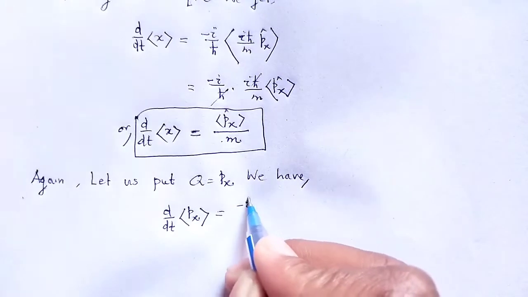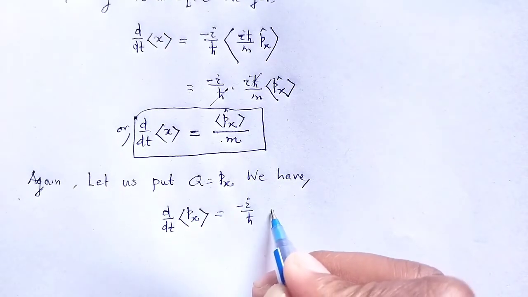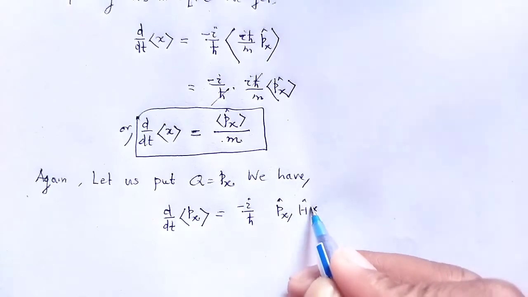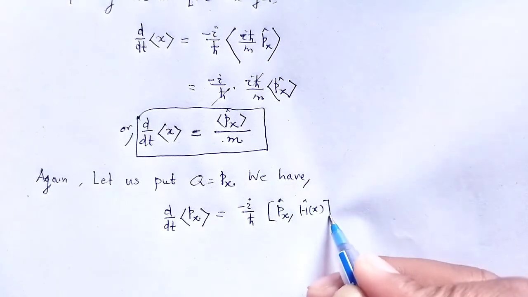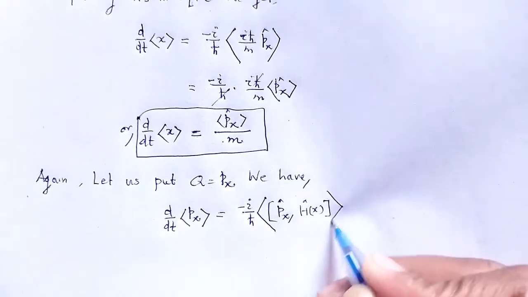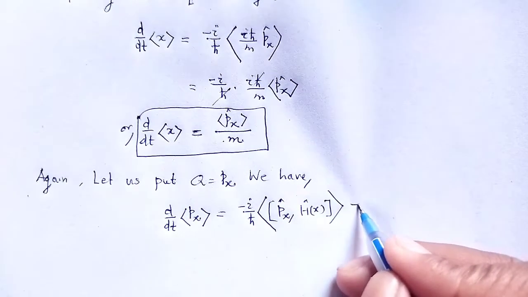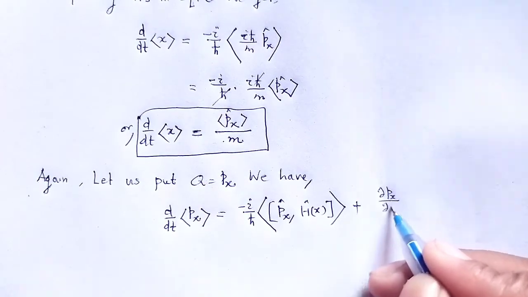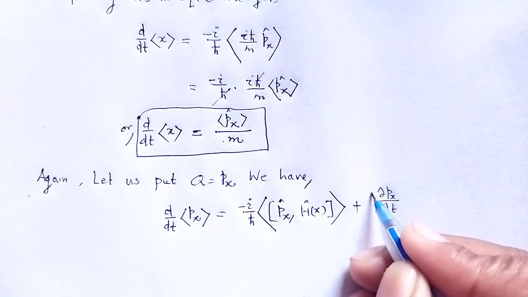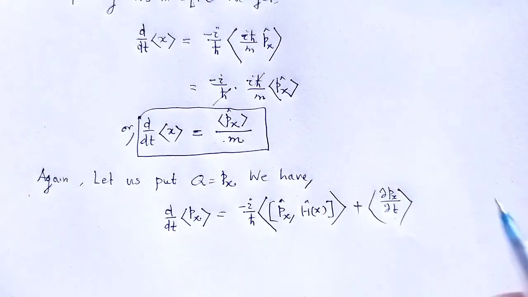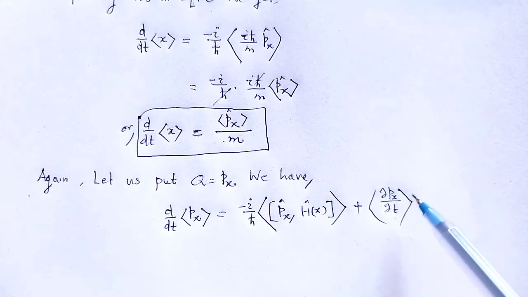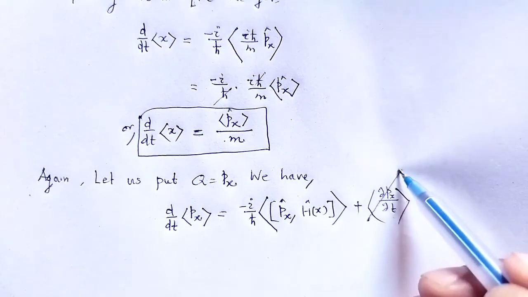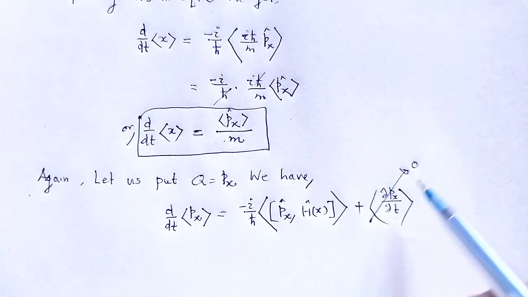is equal to minus i by ħ, the expectation of the commutator of Px cap and H cap, plus the expectation of del Px by del t. Since Px does not have explicit time dependence, that term will be 0.